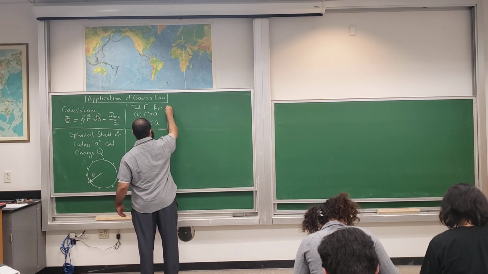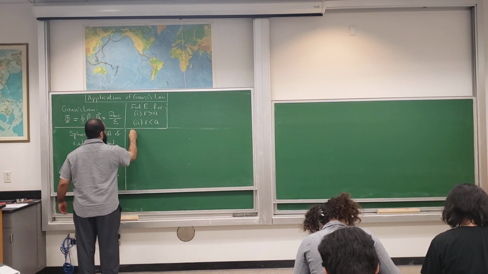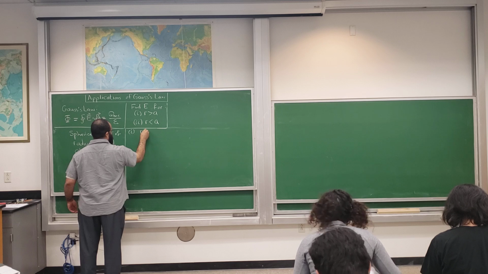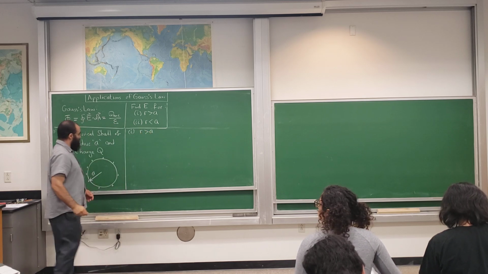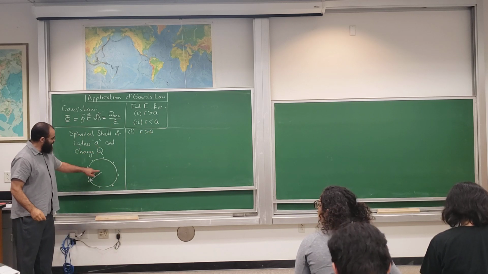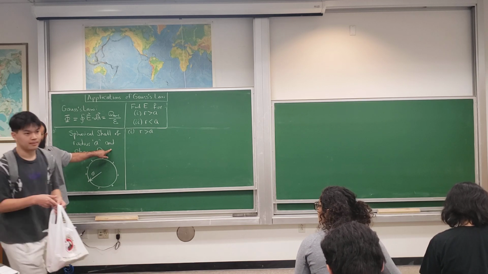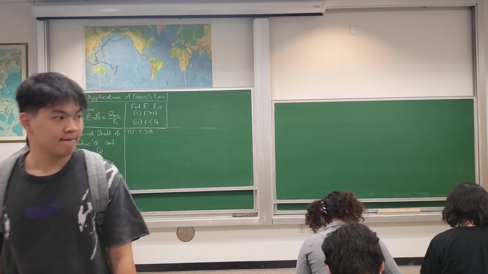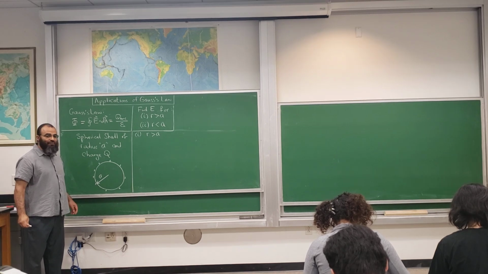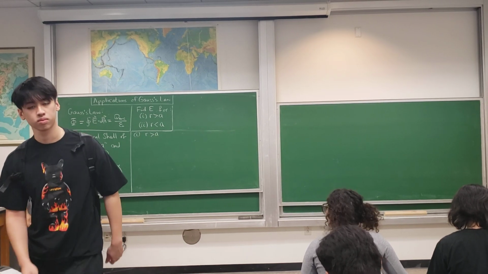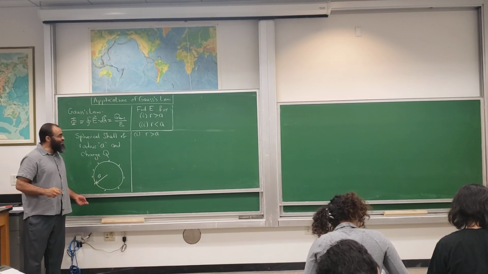R is the distance from the center to somewhere on the outside, the radius. It will be clear in one moment.